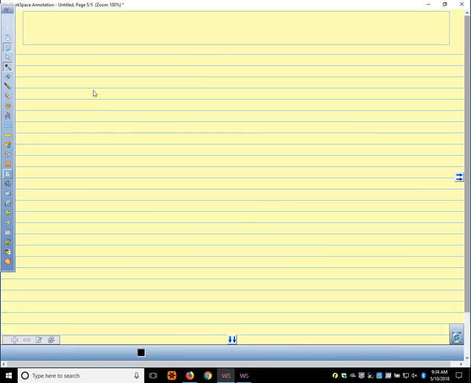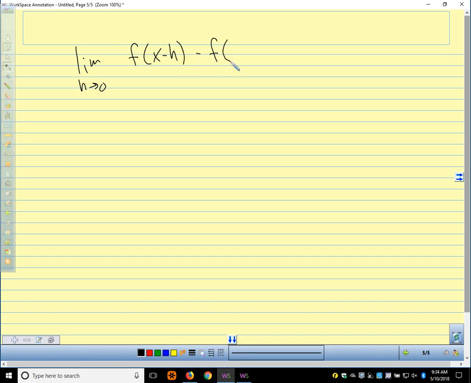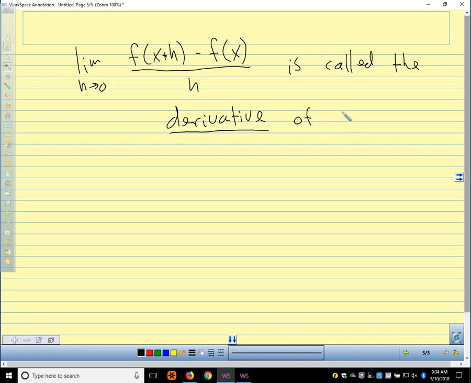We call the limit as h approaches 0 of f of x plus h minus f of x, over h, the derivative of f of x.